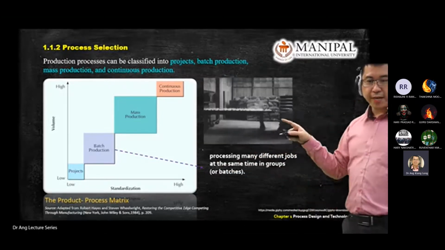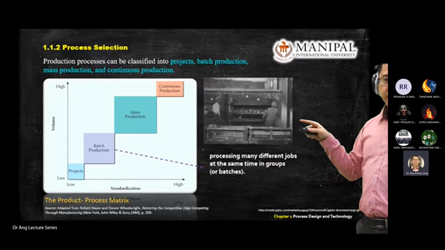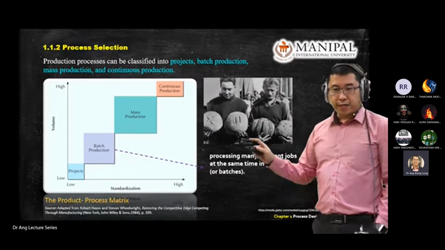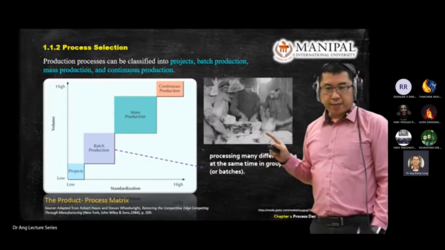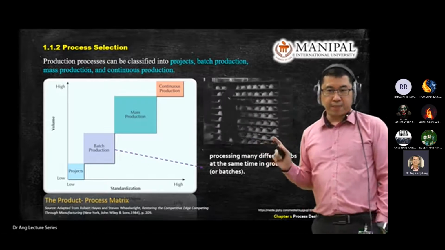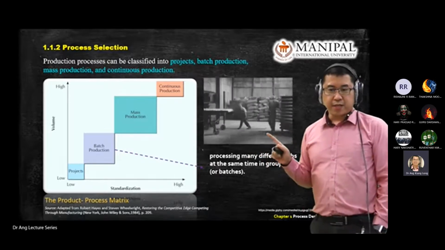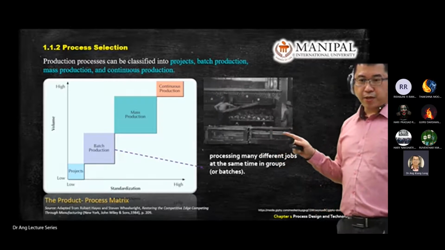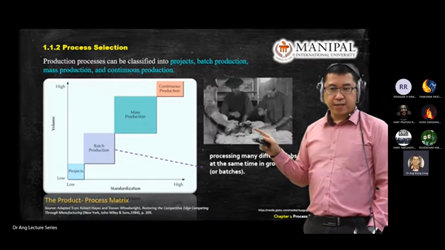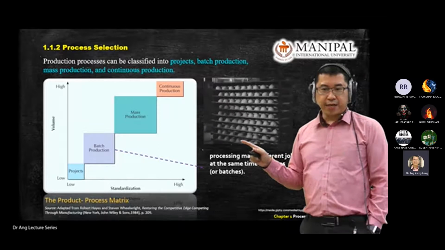This is a bakery factory example. Again, I show it a second time. Examples that you see in the PowerPoint, that you see in the lecture, you cannot use in the test, assignment, and final exam.